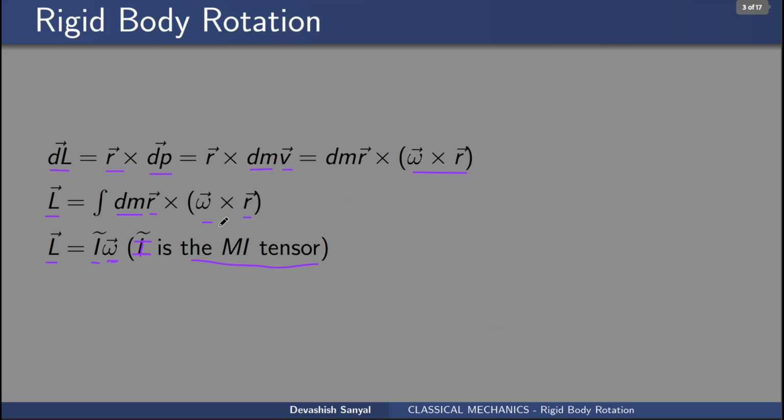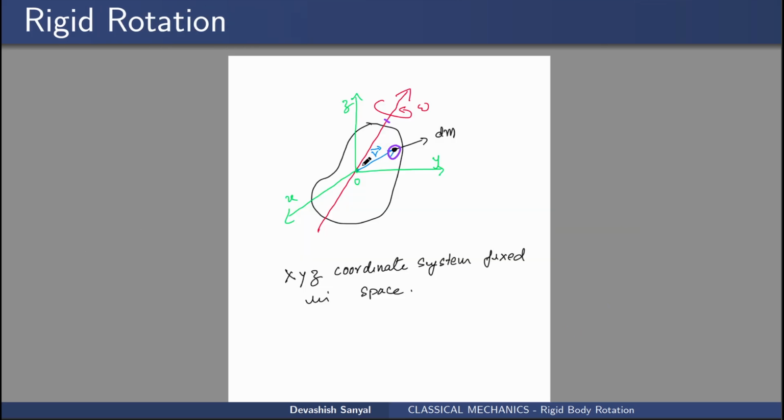The importance here is that you can see the moment of inertia tensor. In this particular case, the angular momentum along the x-axis depends not only on the angular frequency component along the x-axis, but also on the angular frequency along the y direction, omega y, and in general on omega z.